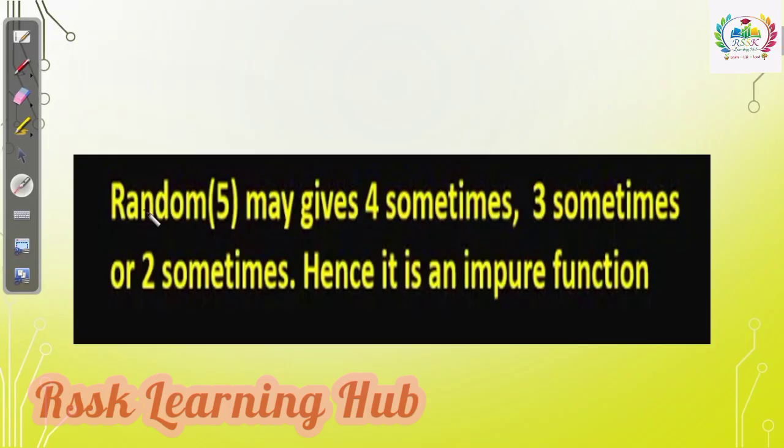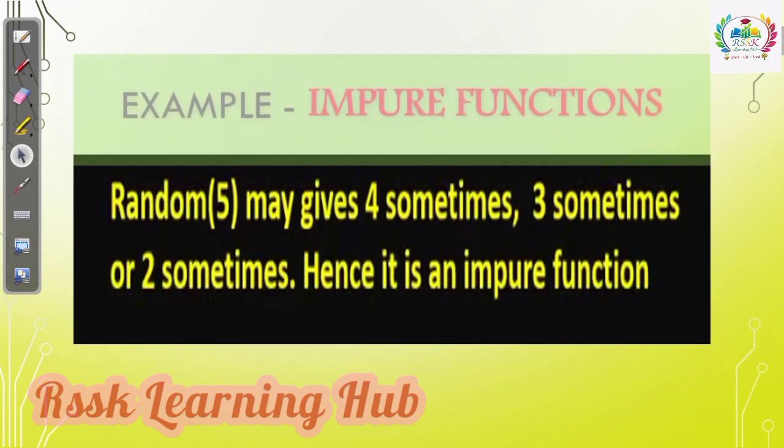So it may give any number up to 5. You may get 4, you may get 3, sometimes you may get 2. Hence the function is an impure function. Understand? So if you can't specify the output value exactly for a function, then that function is called an impure function.